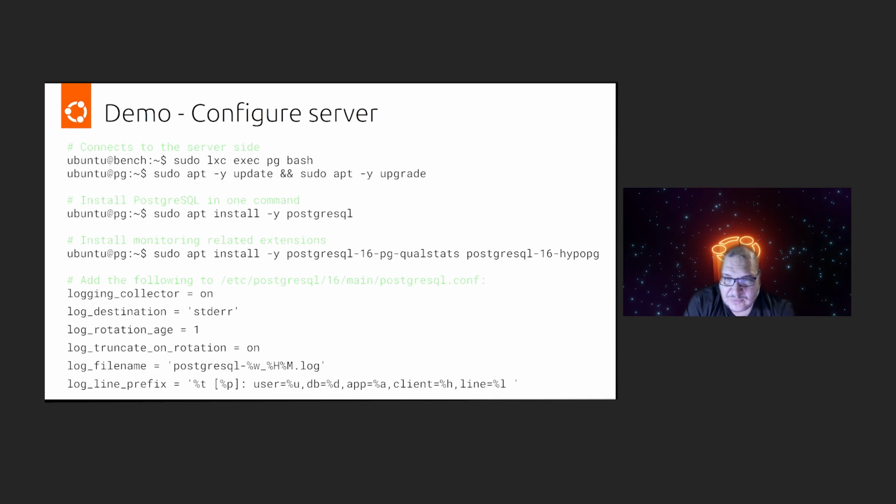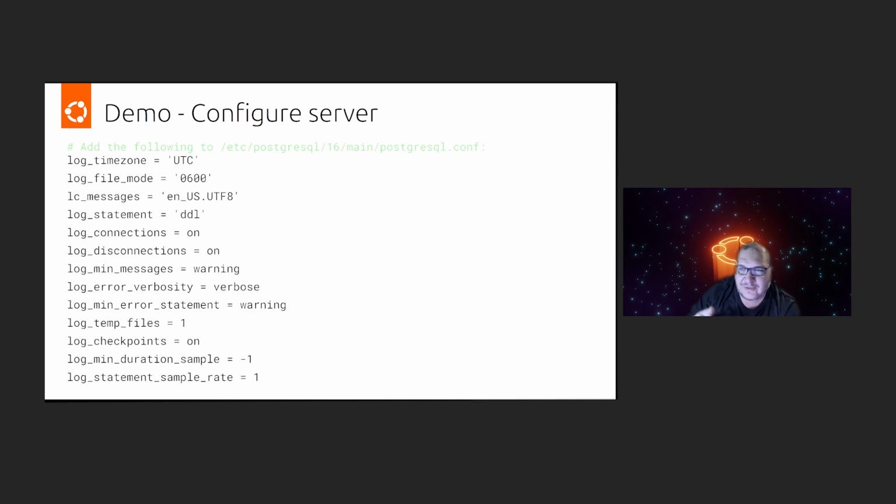The next step would be to start logging, which is again part of the monitoring requirement to be able to understand what's happening. I'm not going to go into the details of every line, but basically this will allow us to collect a number of pieces of information, and to have automatic rotation without the need of external tools and so on, and having enough logging without really exploding the size of the logs.